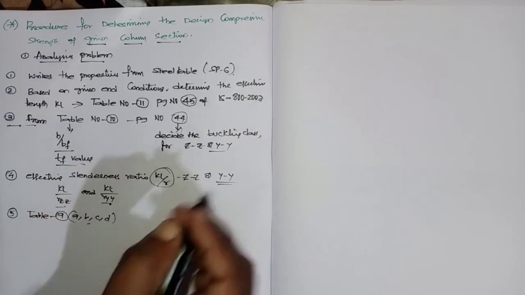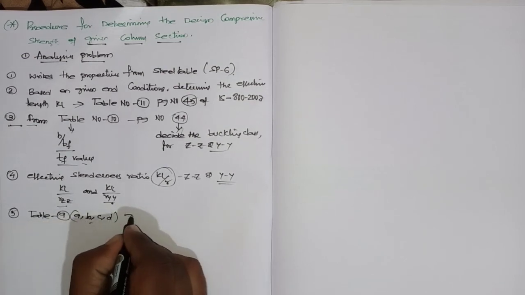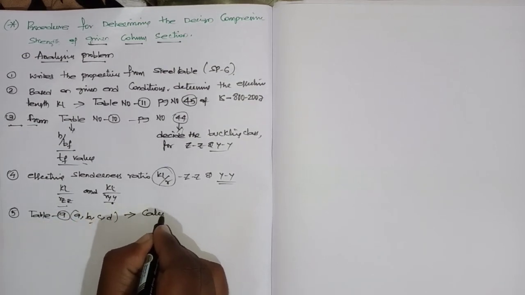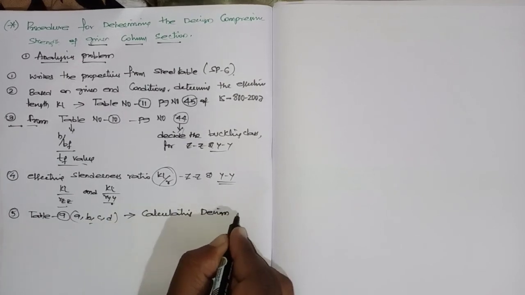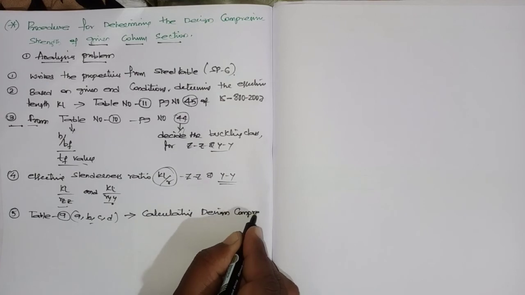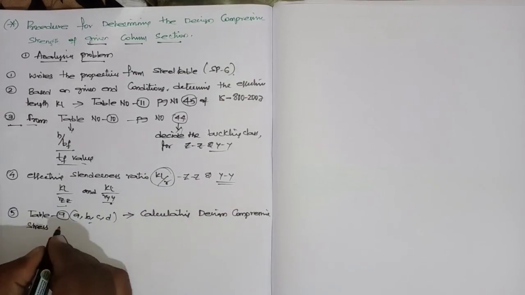Based upon that, you visit any of the Tables 9A, B, C, D for calculating the design compressive stress, that is fcd.